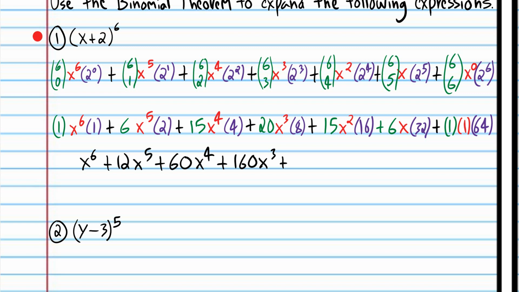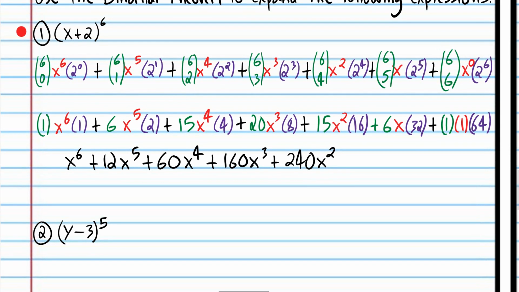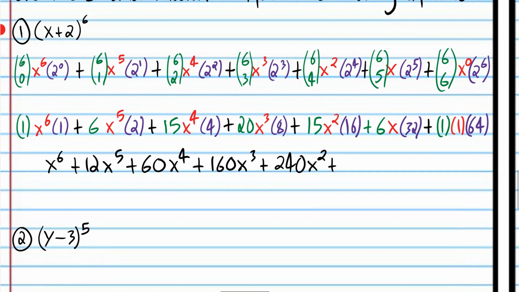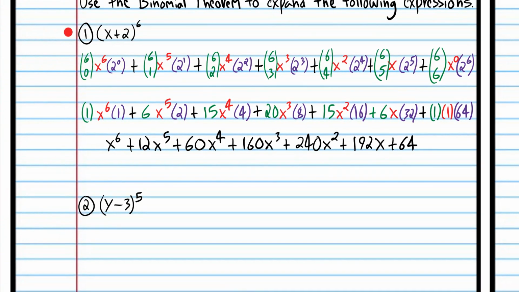That would be 240. So we get 240 times x squared, and then we have to do 6 times 32. So that would be 192, and plus 64. So that is our final answer.